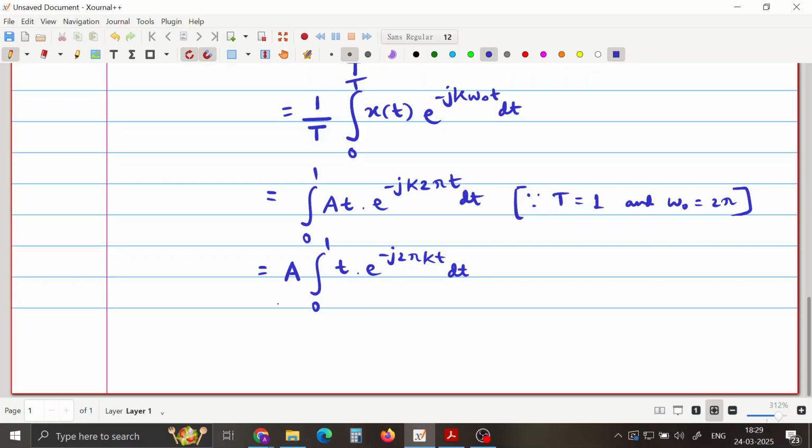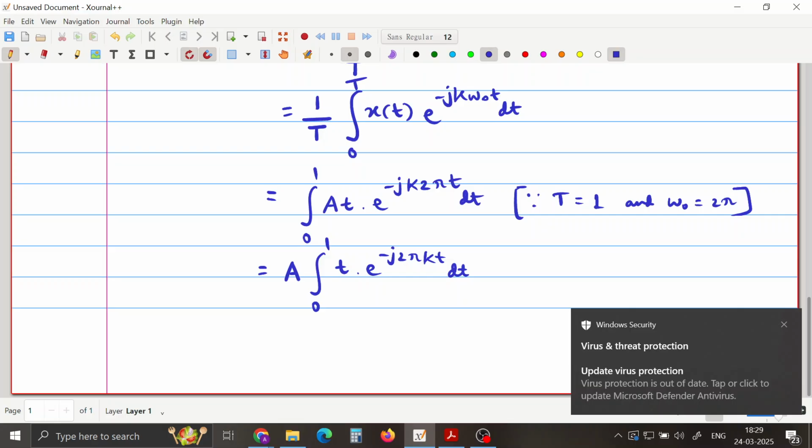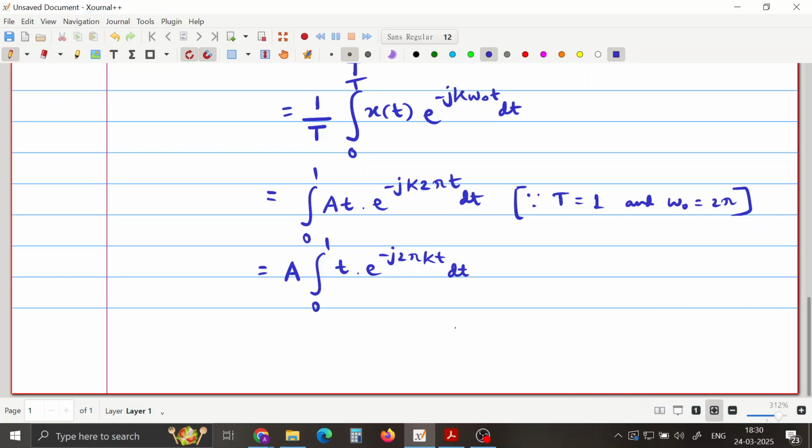Alright, so now how do we evaluate this integral? Well, we are familiar with this kind of integral involving a product of two functions of the variable. Here we have a product of two terms which are individually functions of t, the variable of integration. The first function is simply t and the other function is e power minus j 2 pi kt. So we have an algebraic function and an exponential function.